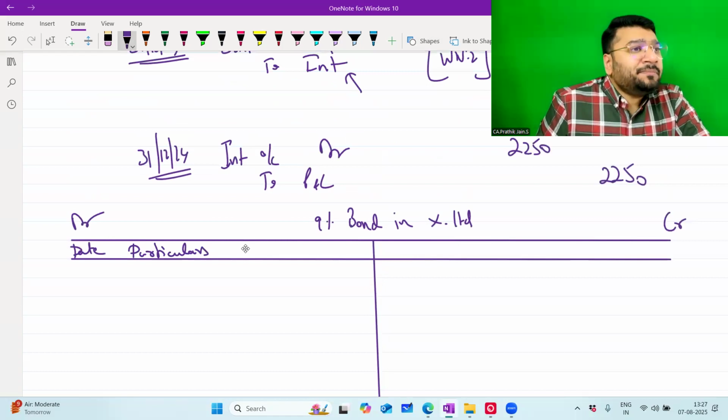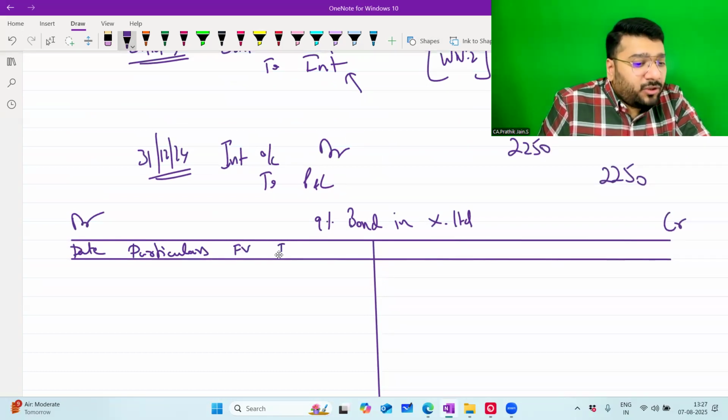Date, particulars, face value, interest, amount.